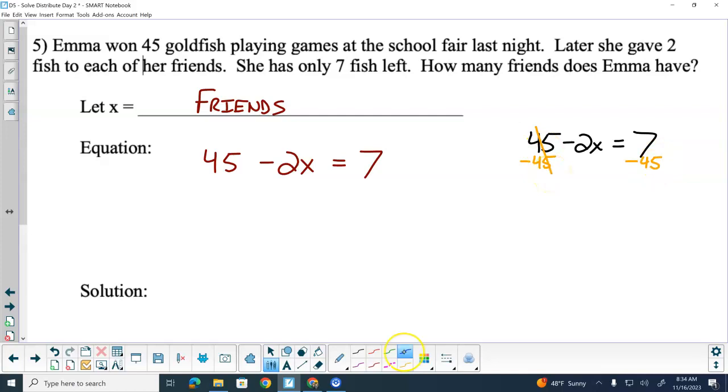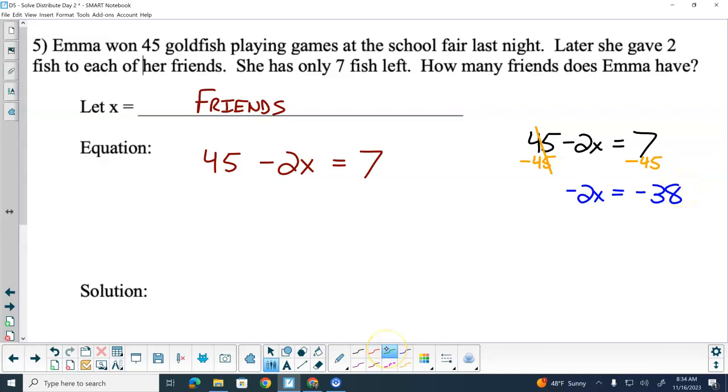That gives me negative 2x equals how much? Negative 38. Yep. Because 45 minus 7 is 38, so this is negative 38.